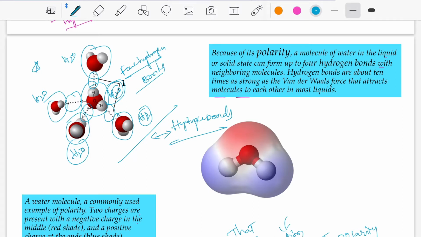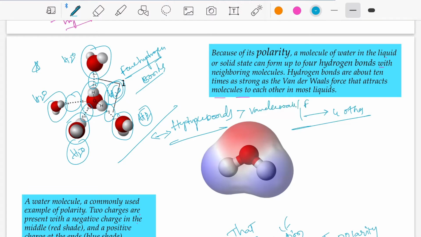Due to this, the water in any state, solid, liquid, or even vapor form, bonds with other water molecules. Hydrogen bonds are 10 times as strong as van der Waals forces that attract molecules to each other in most liquids.